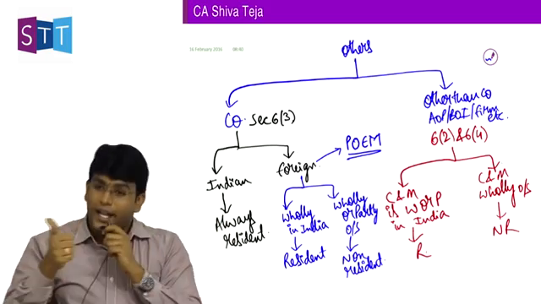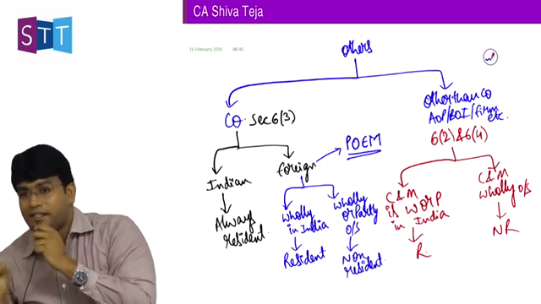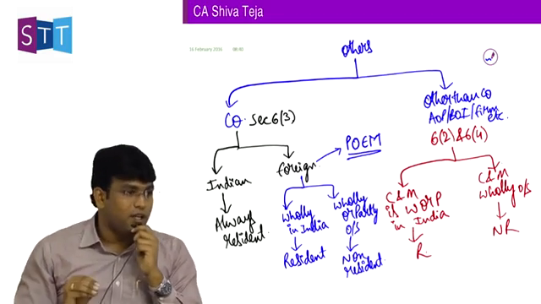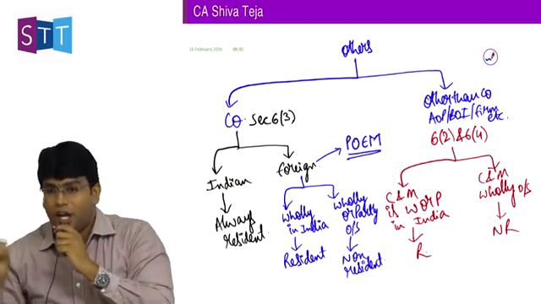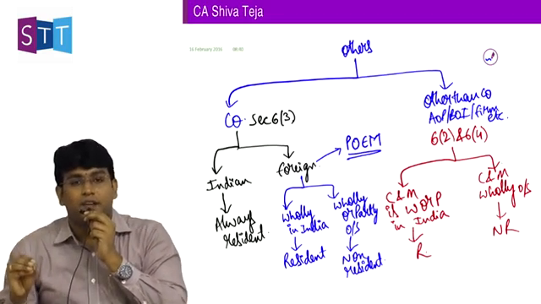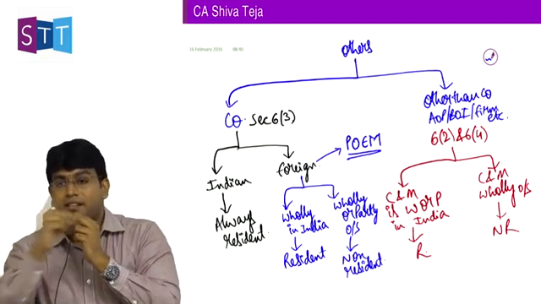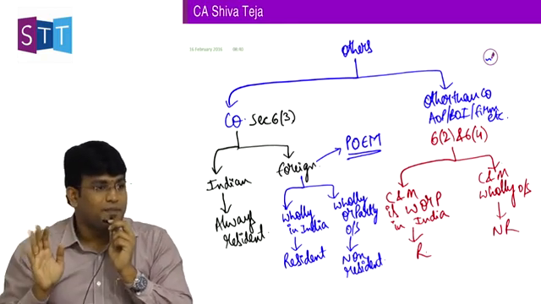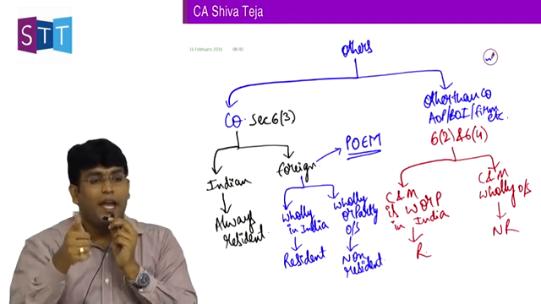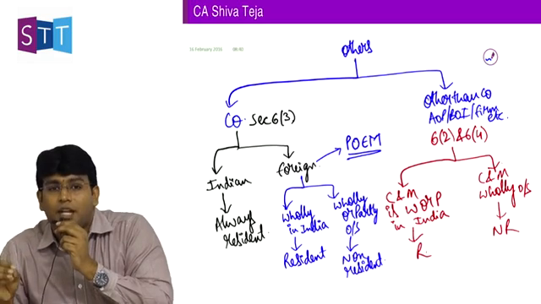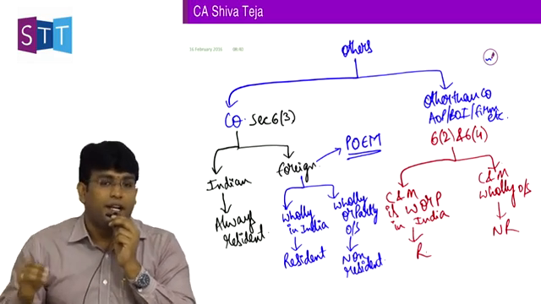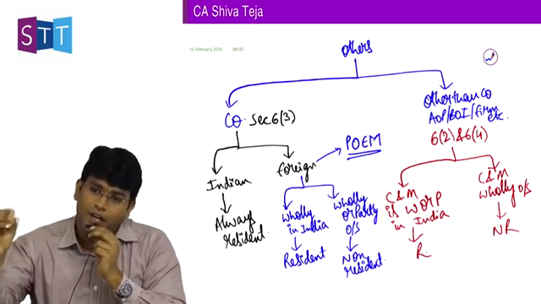Clear? Now, HUF is governed by 6(2) and 6(6). Under 6(2), the basic condition: if the control and management is wholly or partly in India, resident; wholly outside India, non-resident. Additional conditions are given by section 6(6), same as for individual. The Karta will satisfy them. Then 6(2) and 6(4) apply to AOP, BOI, AJP, firm, everybody else. There it says, if the control and management is wholly or partly in India, resident; wholly outside India, non-resident.